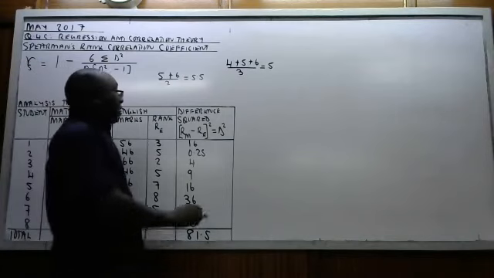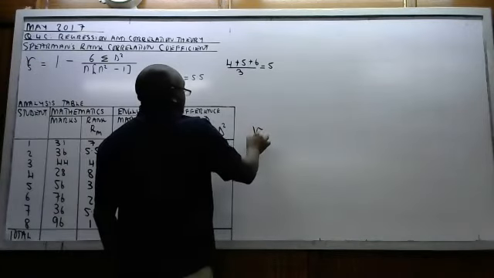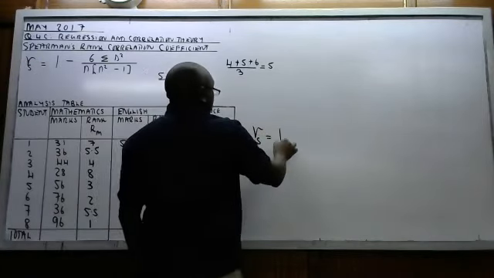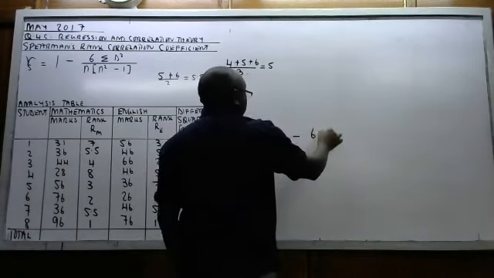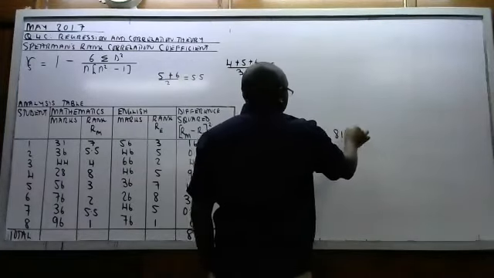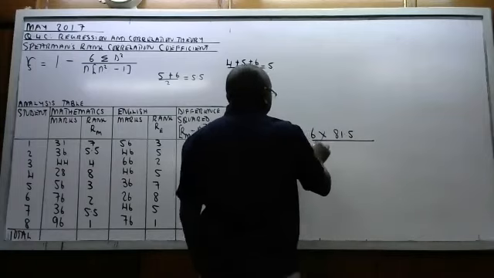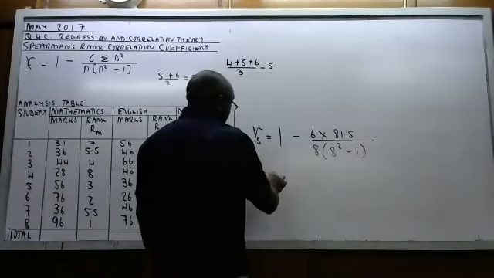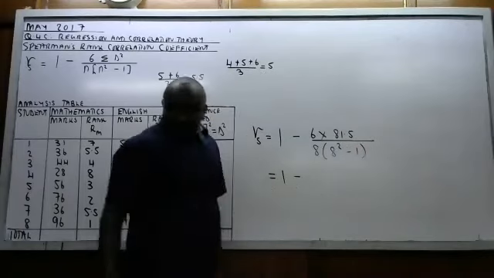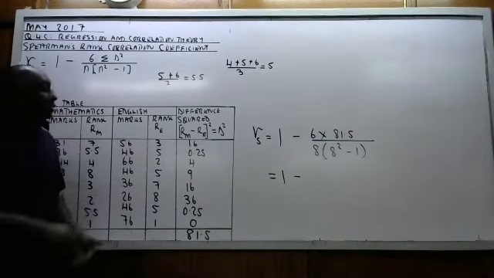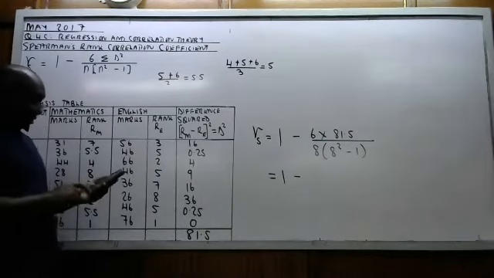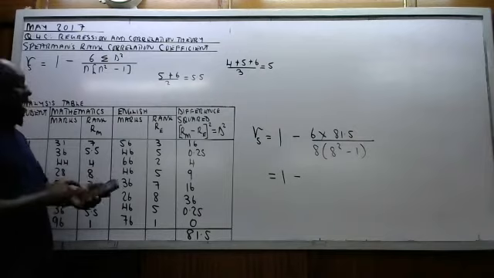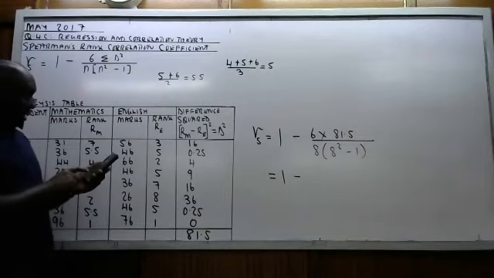So if I have 81.5, my RS would be 1 minus 6 times 81.5, divided by 8 times 8 squared minus 1. This will be 1 minus 6 times 81.5 divided by 8 times 63.